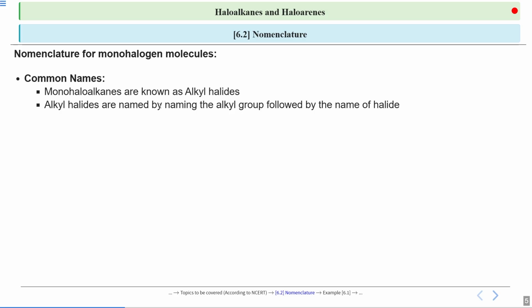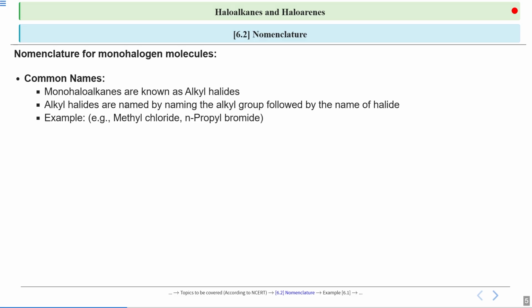Alkyl halides are named by naming the alkyl group followed by the name of halide. So first you name the alkyl group present, methyl, ethyl, and then you write the name of the halide it is attached to. For example, methyl chloride and N-propyl bromide.